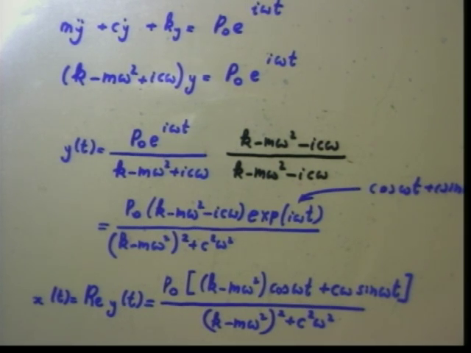So I don't need to write everything there. P0, this times the real part, cosine omega t. Then this times the imaginary part. So minus i with plus i will give me plus c omega sine omega t. You see, I got a particular solution so cheaply, in just a few steps.